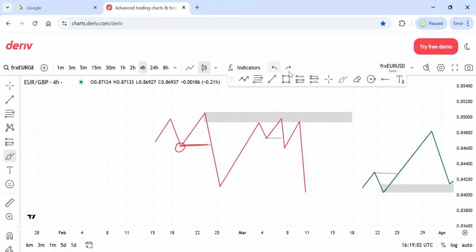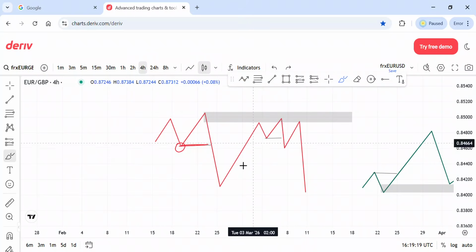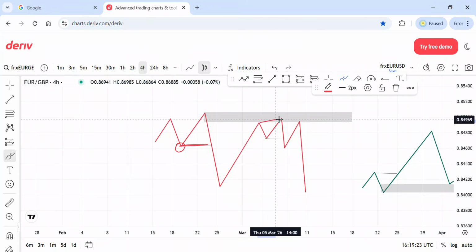After that, what is the next thing for you to look out for? You need to look out for liquidity. When the market makes a pullback to your supply zone, you need a liquidity. You need the market to take out liquidity on your confirmation time frame, which you can see here. This is a liquidity being taken out.